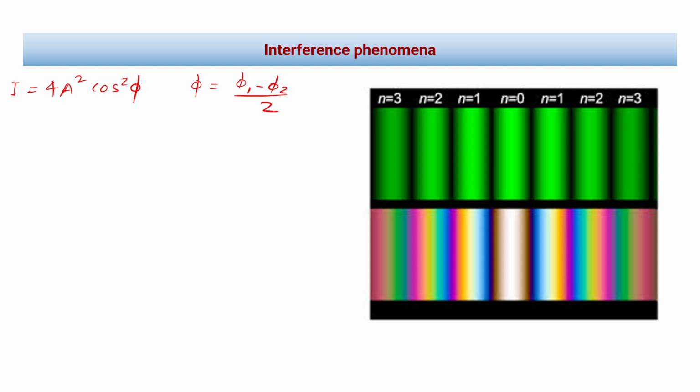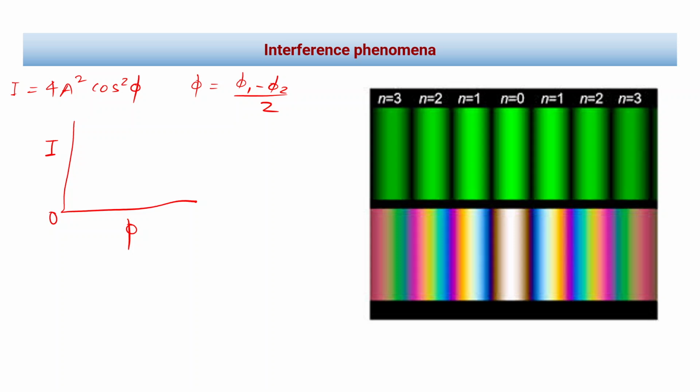Now I want to see intensity as a function of the phase difference between the two waves. What happens is, when phi is 0, cos 0 is 1.